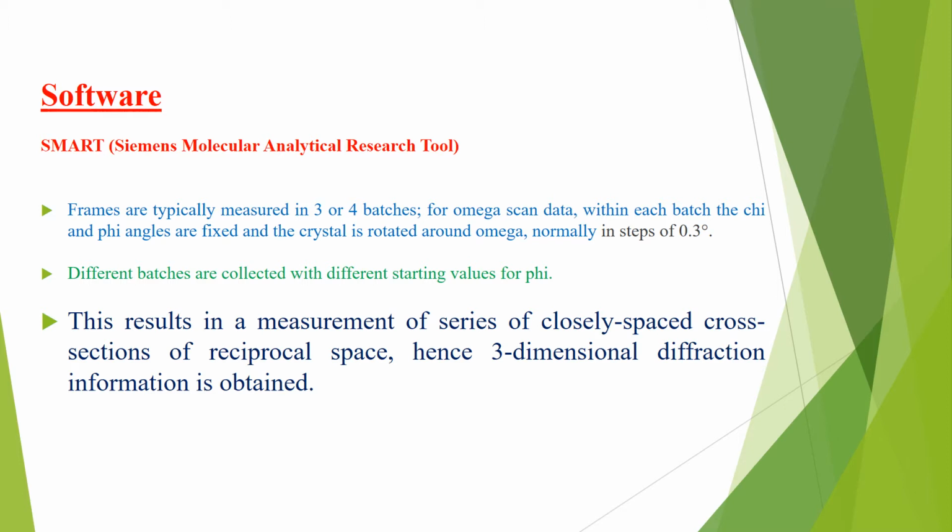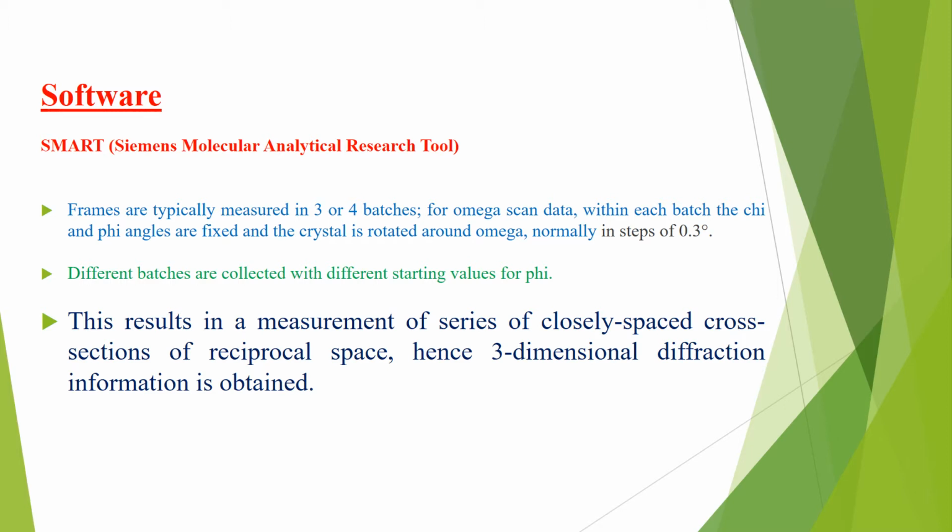So this is the tool that is known as SMART, Siemens Molecular Analytical Research Tool, which is used to measure the diffraction. It is also used for calibration and the orientation matrix calculation, and it also records the frames of diffracted intensity data.